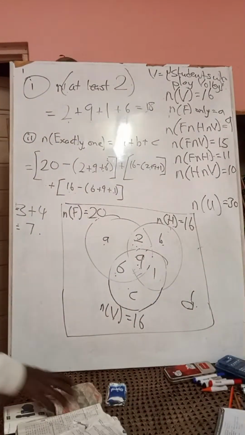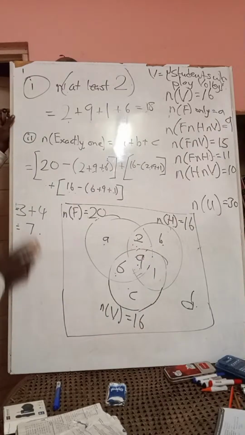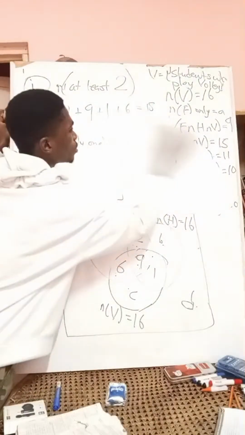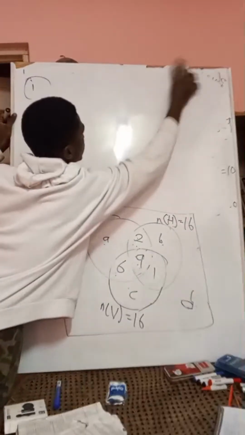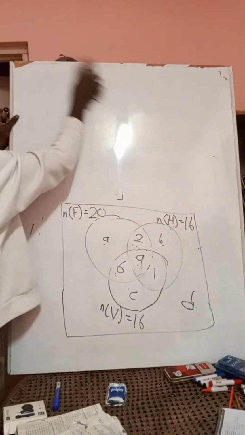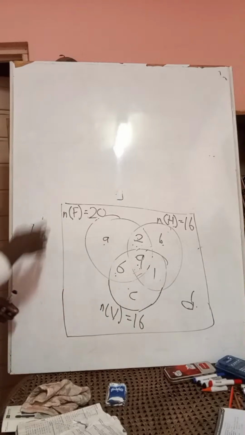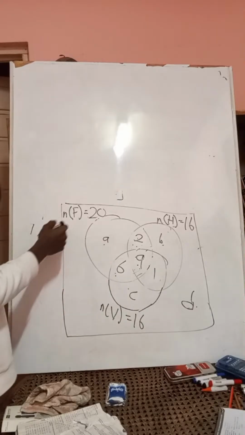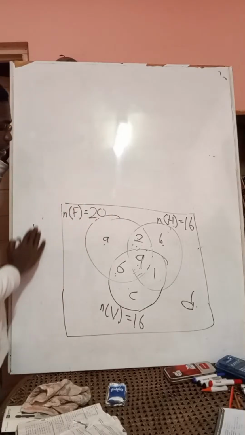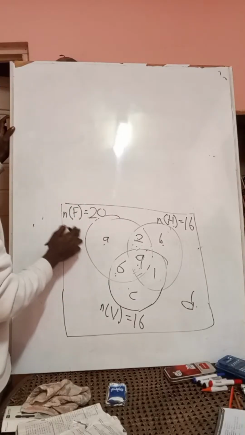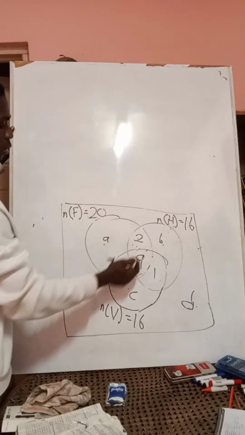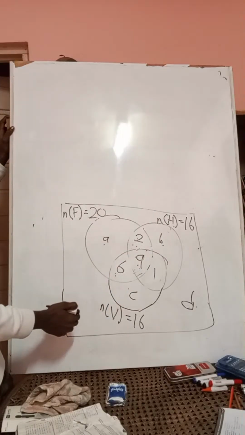So let me erase this side. As you are solving, I have to erase some so that you'll be able to solve it. Since you've introduced another D in the diagram, you have to also go up there and write. So this D, we can say number of F union H union C complement, right?